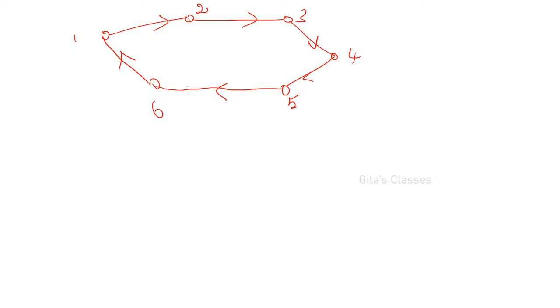What about ergodic? If you start from one state, you should be able to come back to the same state with probability 1. That means you are certain that you have to come back. From 2, you have to come back to 2, no other go. Actually from 6 you cannot go to some other state 7.